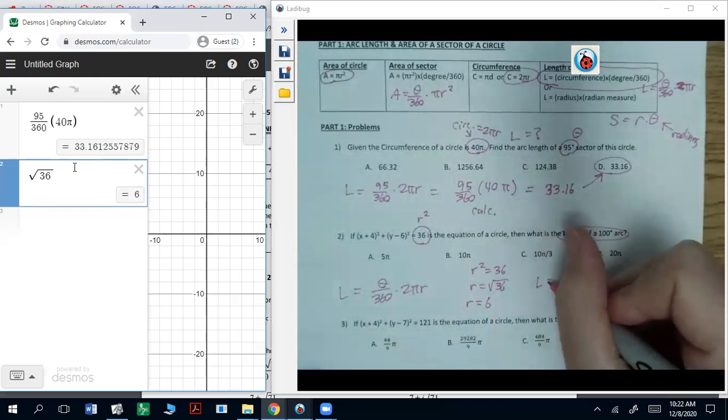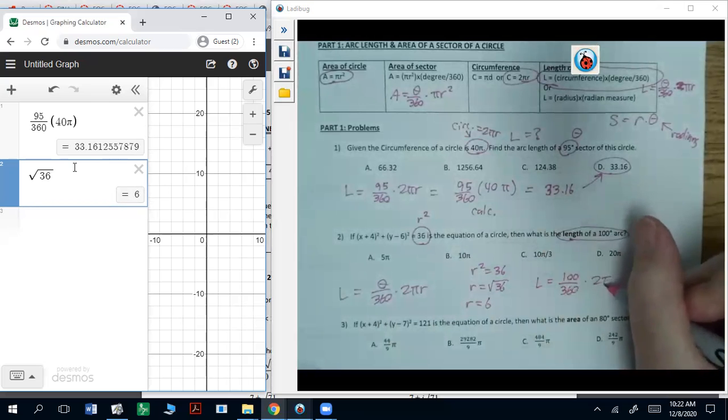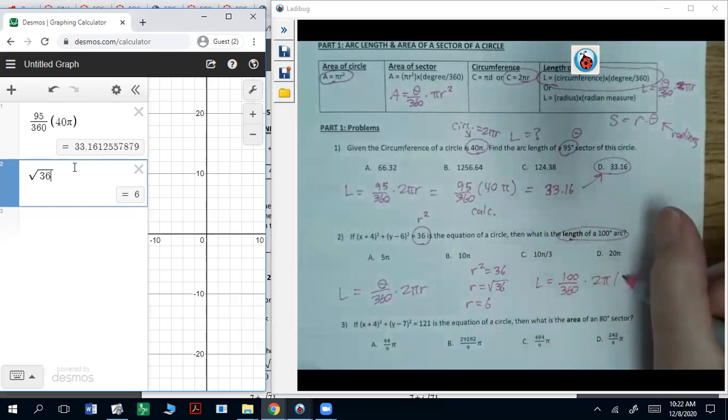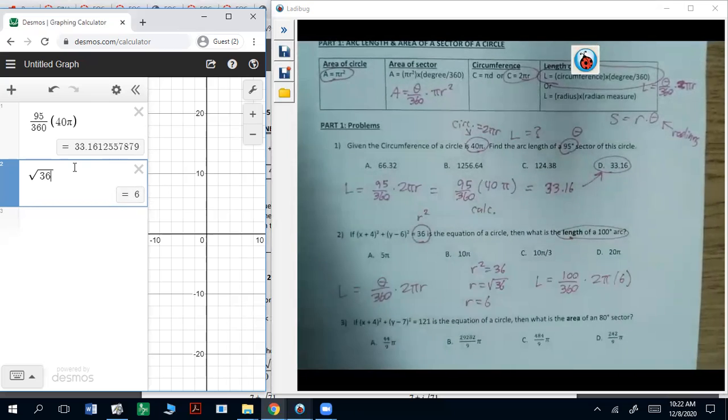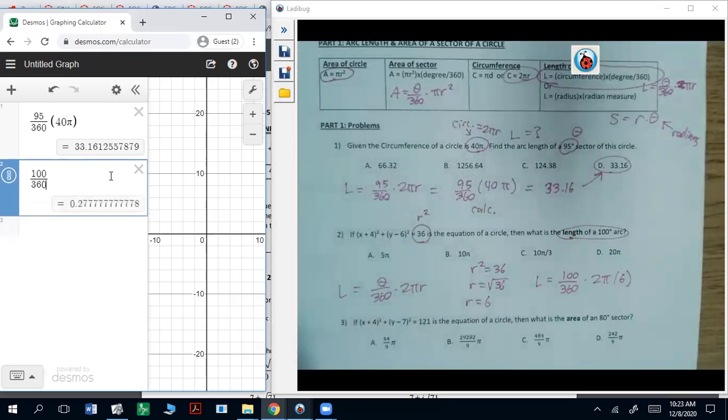So the length is going to be 100 over 360 multiplied by 2 pi times 6. As a decimal, that gets us 10.47.